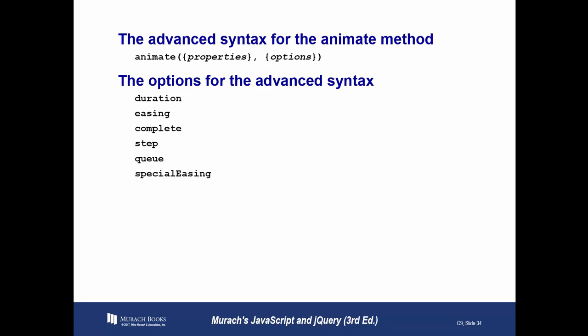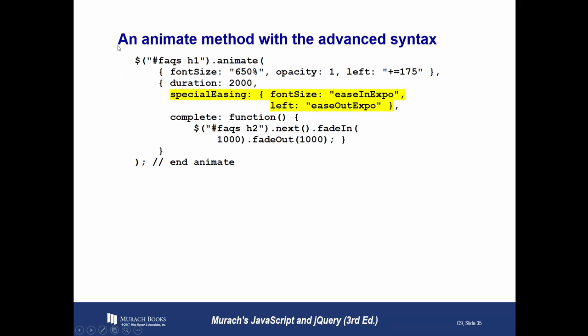Now, believe it or not, this is most of the stuff that you need in order to perform effects and animations. But if you're trying to build something that has more control, some of the options for the advanced syntax are shown here, along with some code.